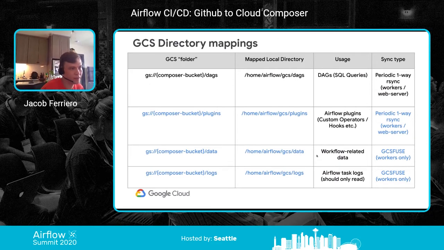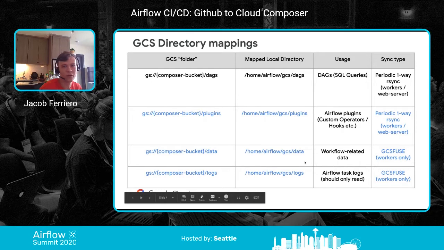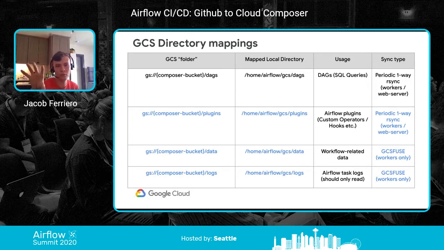The other buckets of interest are the data bucket and logs bucket. What's interesting about these is they are mounted only to the workers, and it's a different syncing mechanism called GCS Fuse. Basically, what this allows you to do is, through GCS, have an easy surface to get something on the file system of your workers.